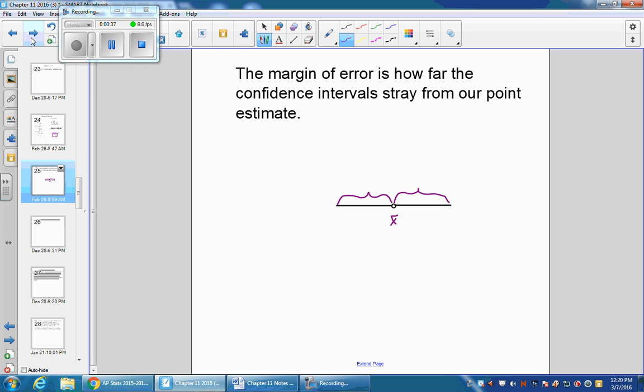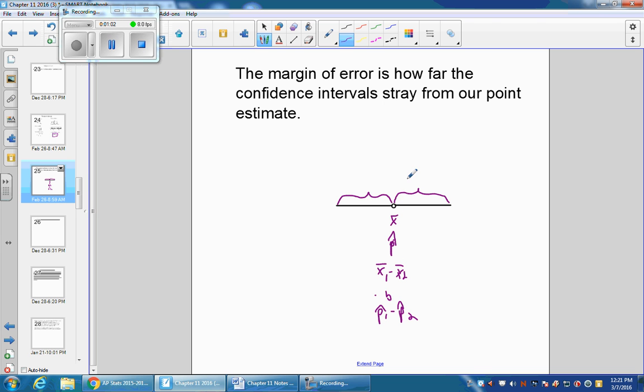Now, we should know that the margin of error is always how far the confidence interval strays from our point estimate. Our point estimate could be x bar or p hat, or sometimes one mean minus the other mean, or a slope, or one proportion minus another proportion. All of these would be our point estimate.